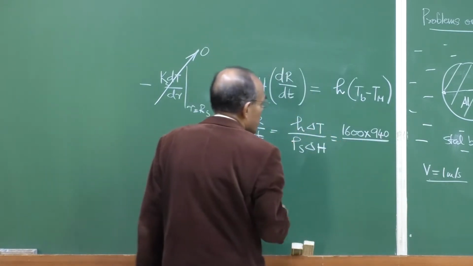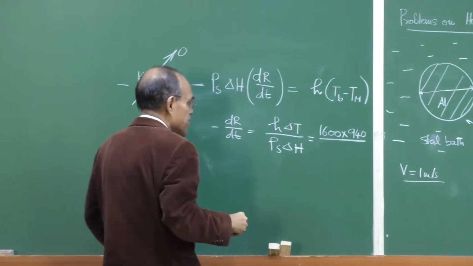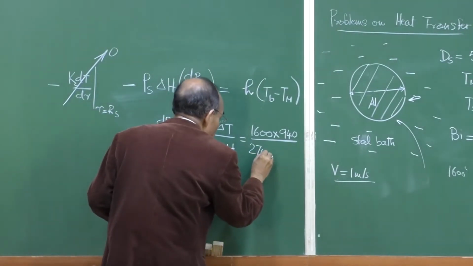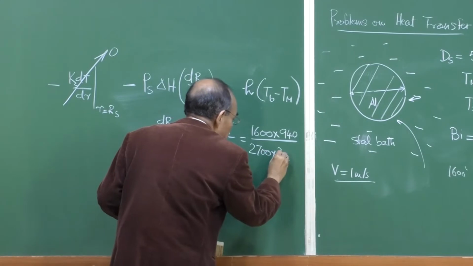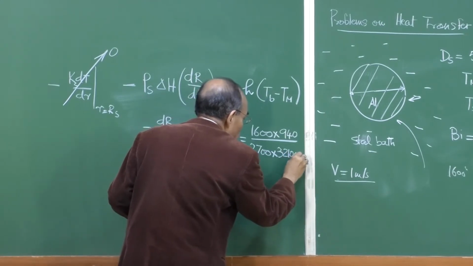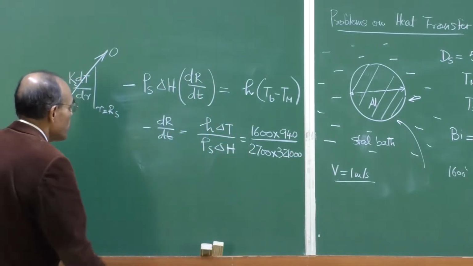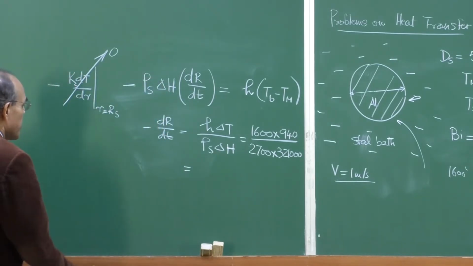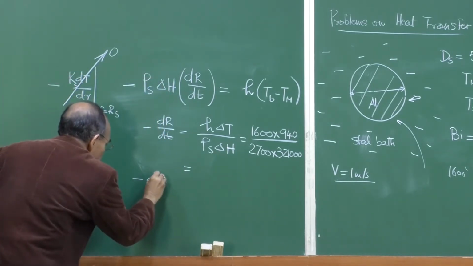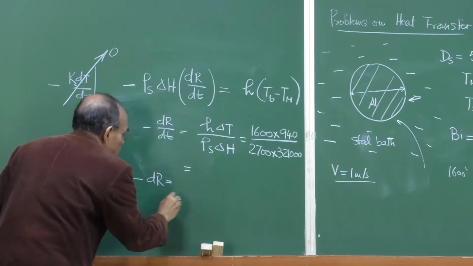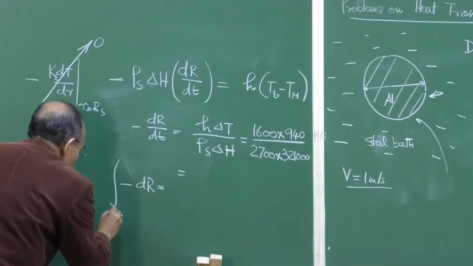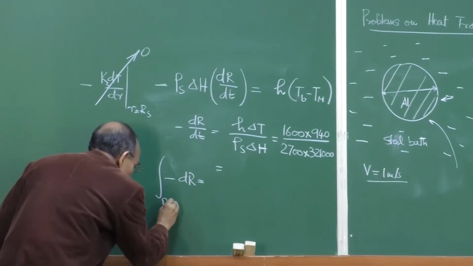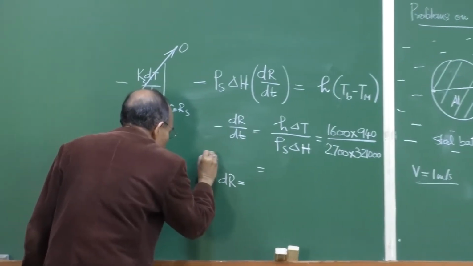Then we have rho solid, aluminum density I think is 3200 or something, no, it is 2700 kg per meter cube, and then the latent heat is equal to 321,000. So, therefore, this value can be calculated, and then we can say that minus dr is equal to integral this from r is equal to Ri to r is equal to 0.